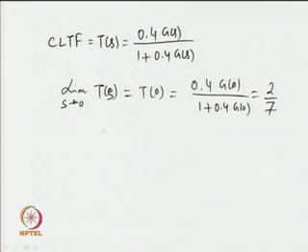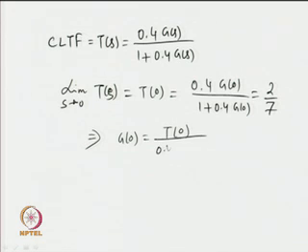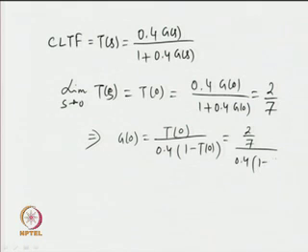So, after simplification, it is not difficult to obtain G 0 is equal to T 0 upon 0.4 times 1 minus T 0, which upon substitution gives 2 upon 7 by 0.4 times 1 minus 2 upon 7. So, which is again equal to 2 upon 7 by 2 upon 7, which is equal to 1.